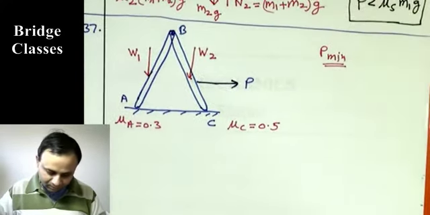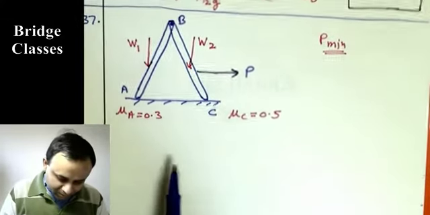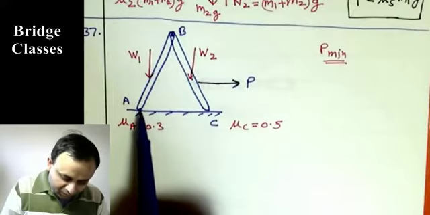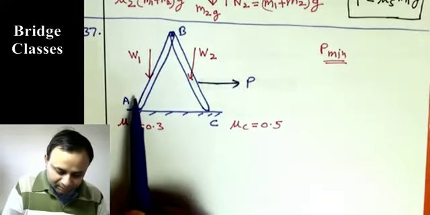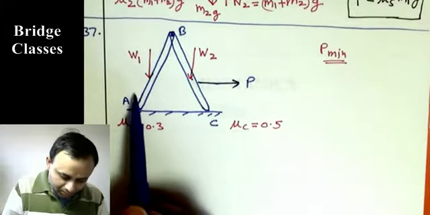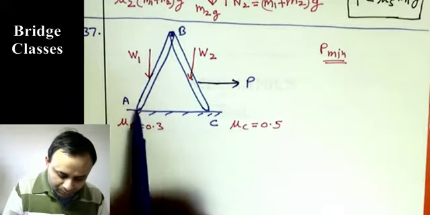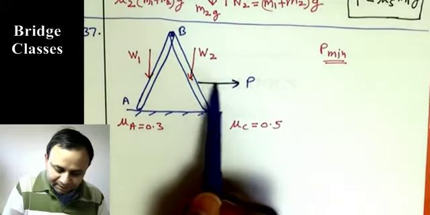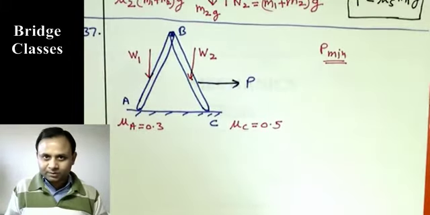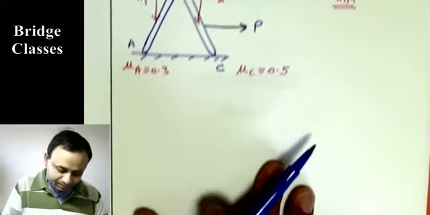Now, actually, without going into all the details, if we draw a free body diagram for this entire thing, there will be two forces here, normal and frictional, and two here, and we have this external force P applied here. I'm going to separate them into two.